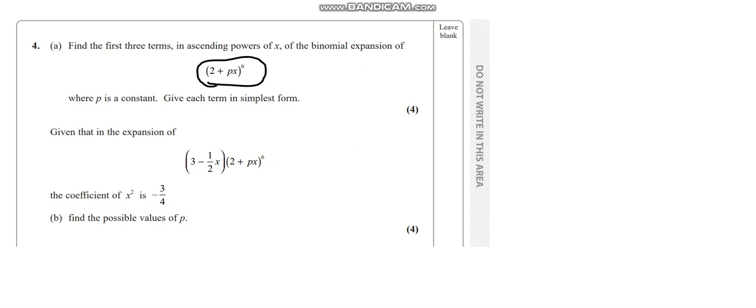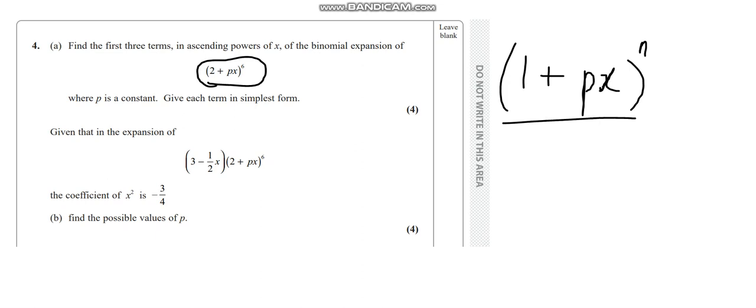Now remember, whenever we are solving a binomial expansion or expanding any function, we want it in the form 1 plus a to the power x, into n, where n is the power here, which is 6. The p can be anything written there. So we want everything in this form.